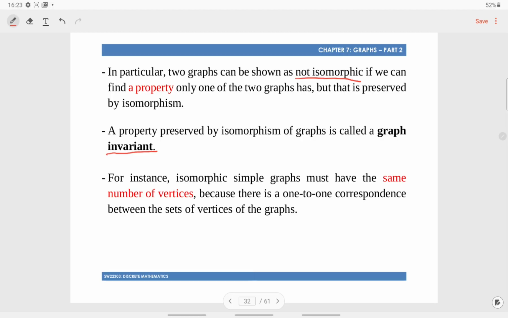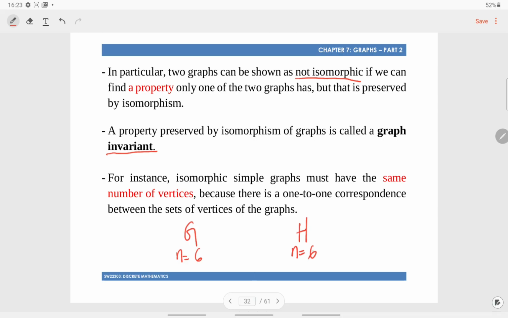For instance, isomorphic simple graphs must have the same number of vertices. That means if we are given graph G and graph H, and graph G has, for example, n equal to 6, meaning there are 6 vertices in G, then graph H also must have 6 vertices.